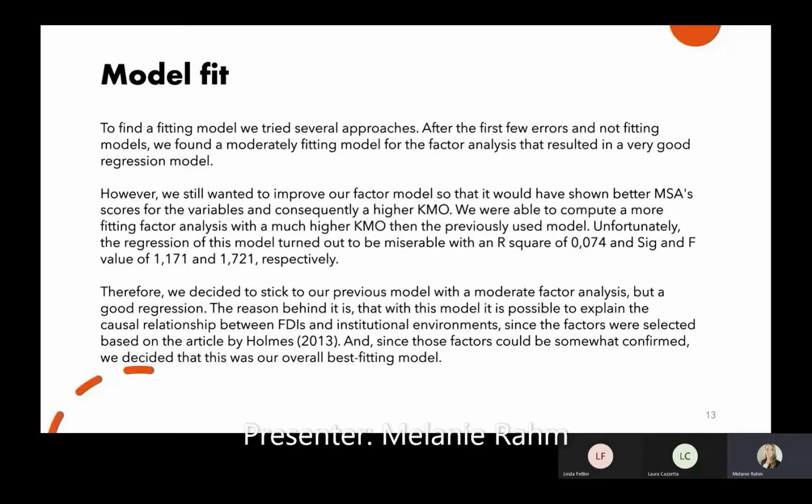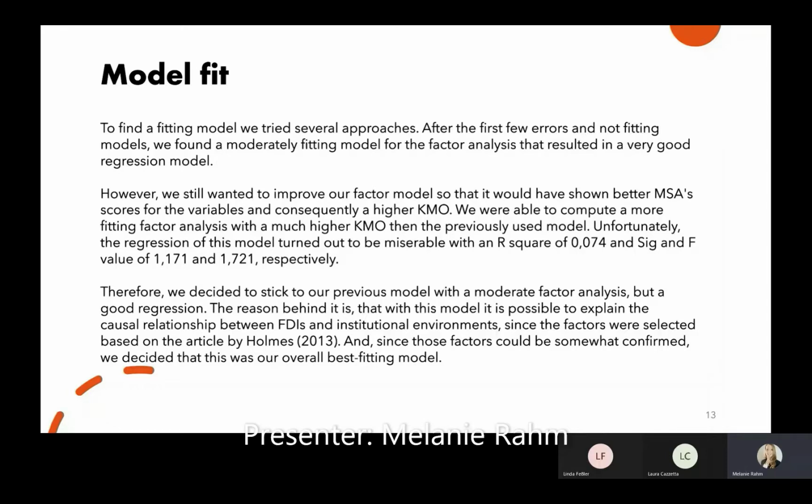For example, we had a model with a good factor analysis with high MSA scores and with a high KMO. But for this model, the regression analysis was very bad, with a very low R-square of 0.07 and a significance level of over 1. So therefore, we decided to proceed with a different model that had a moderate factor analysis, but a very good regression analysis.